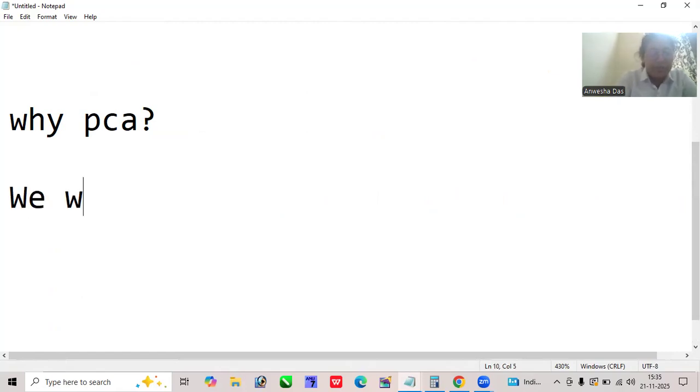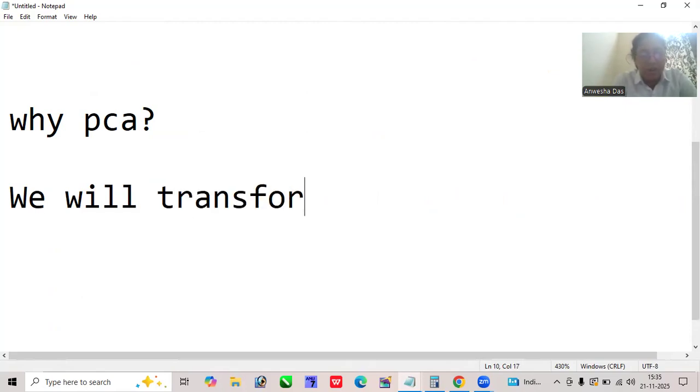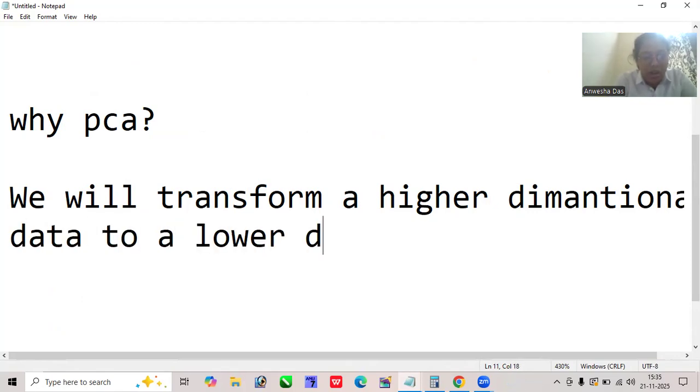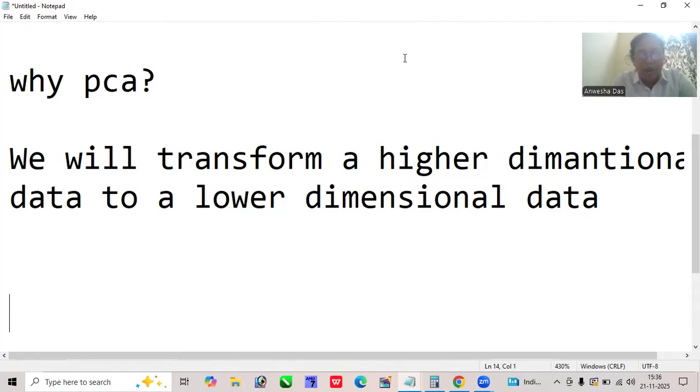We will transform a higher dimensional data to a lower dimensional data. So what is the reason behind it? Why do we transform the higher dimensional data to lower dimensional data?